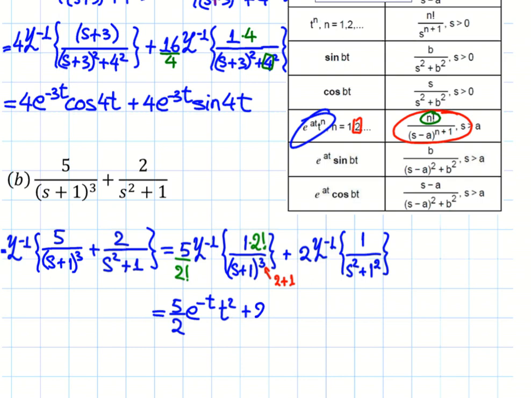And then next, the inverse transform of 1 over s squared plus 1. That is easy. Look at this one, where b is equal to 1. So that's just sine of t, and that's all we have.